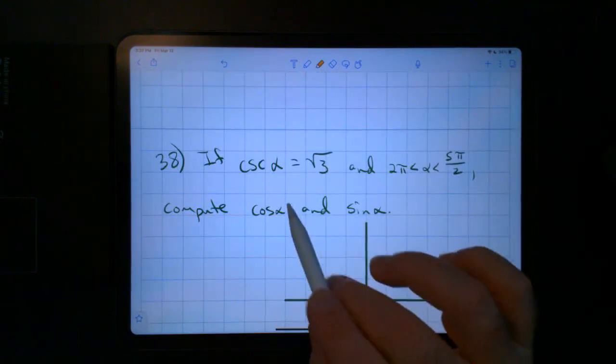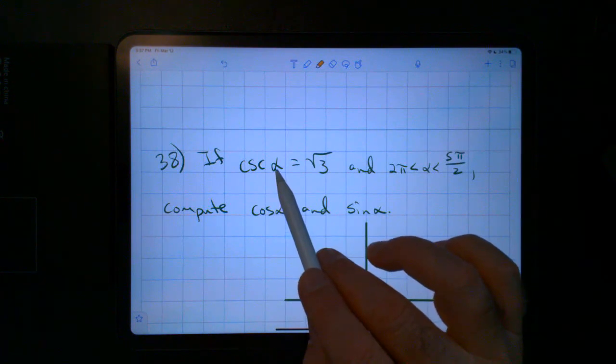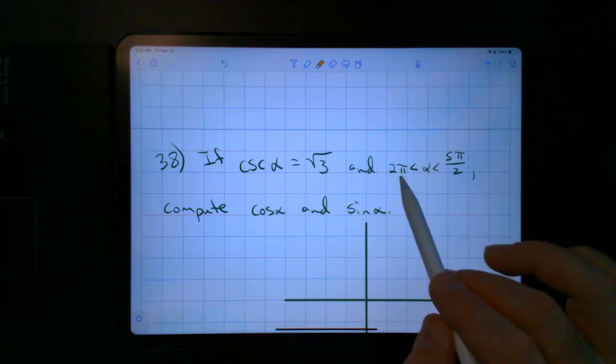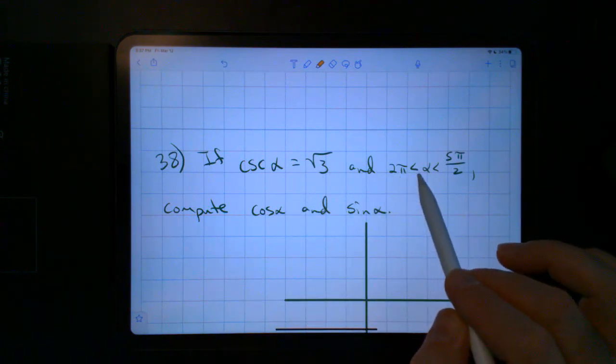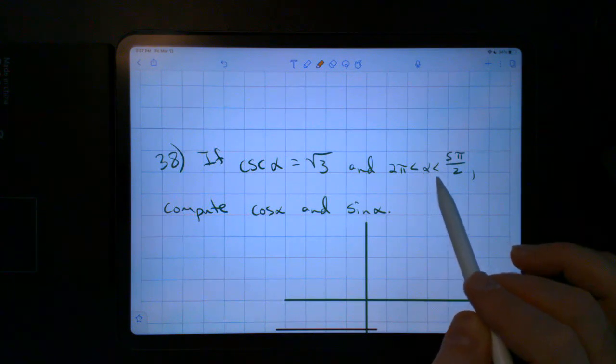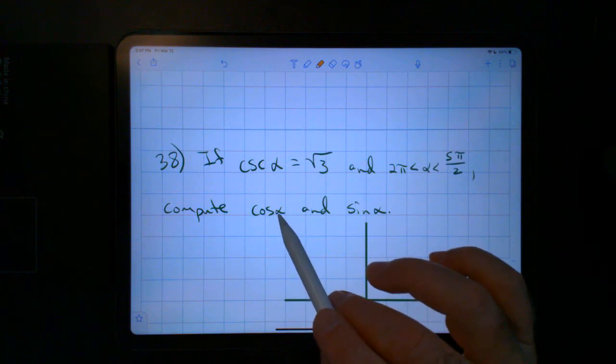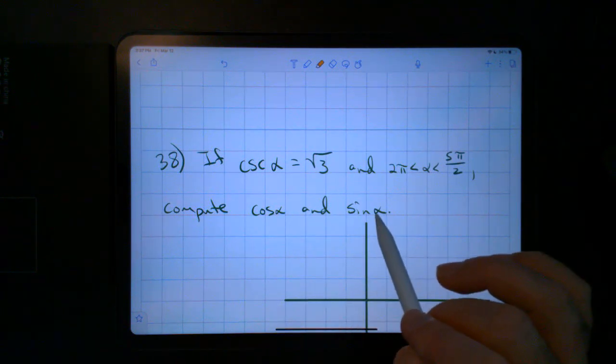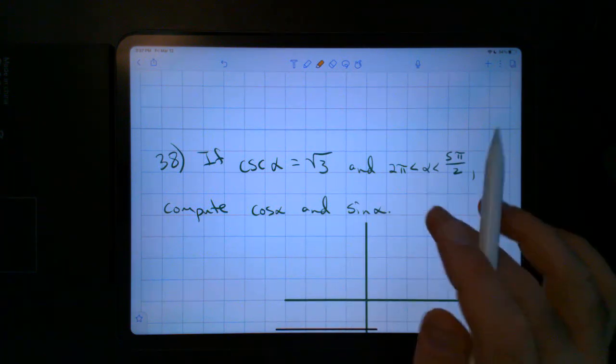Number 38, if cosecant of alpha is radical 3 and 2 pi is less than alpha, which is less than 5 pi over 2, we need to compute cosine alpha and sine alpha. All right, so what quadrant are we in?